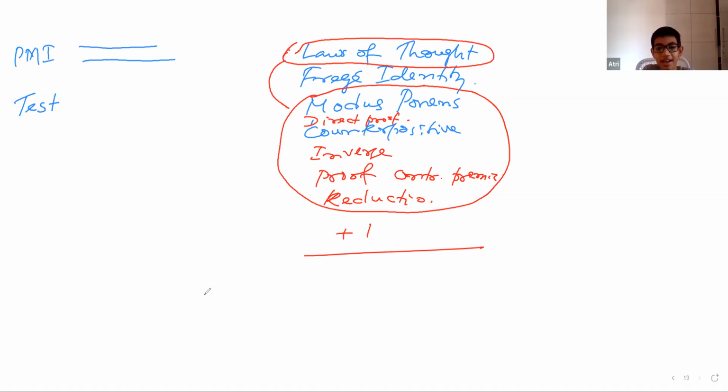What about Frege identity? Frege is good but we don't usually use it. Okay, sir. Frege is useful in physics, in some of these things. Proof by contradiction and all those things might be useful, but you need this.